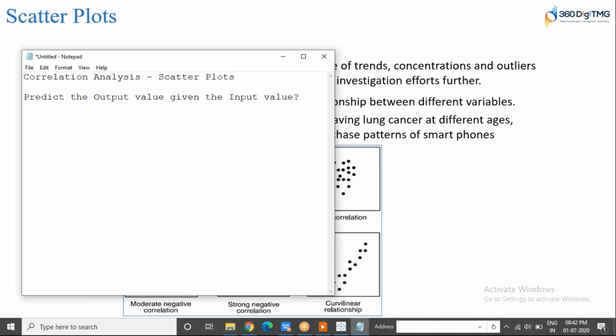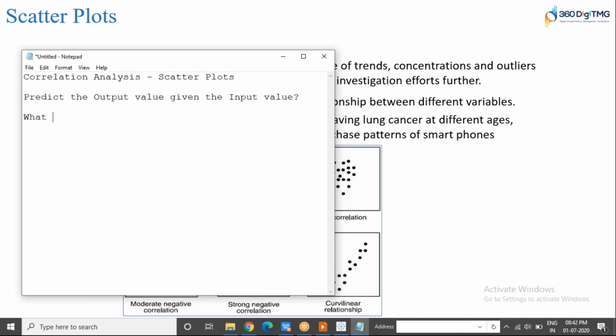When you have questions framed in this format, on predicting the output given the input, it will be possible to predict the output given the input if and only if there is a relationship between the input and the output. There has to be some relationship between them. Only then it will be possible to perform prediction.